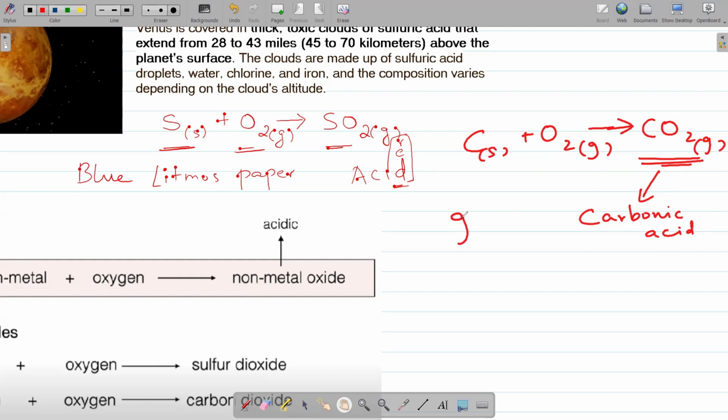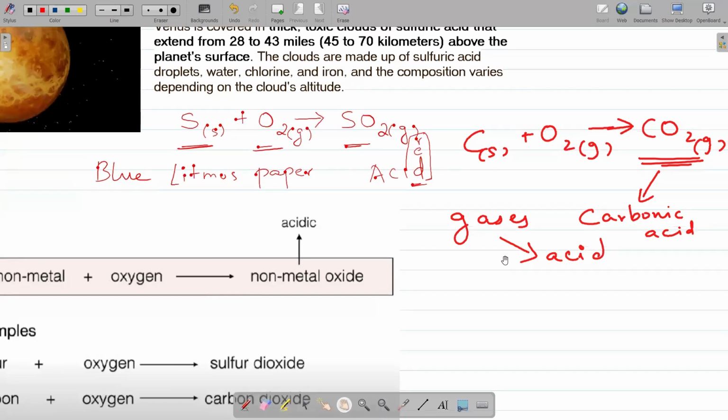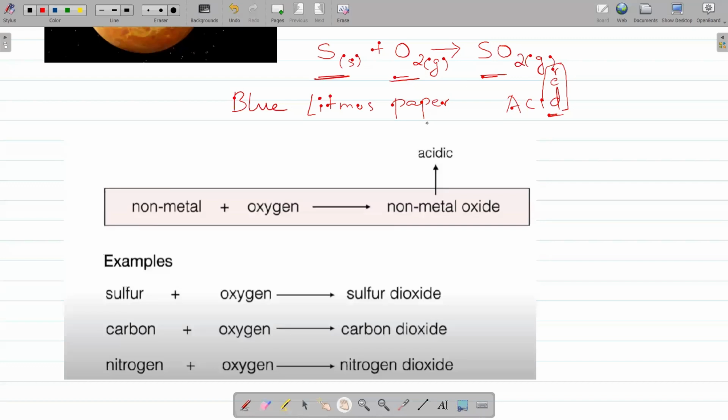So these gases, which are soluble, are acidic. Remember, this reaction is separate, and this is another reaction that goes on. But in general, all nonmetals, when they are burnt, give out a nonmetal oxide.